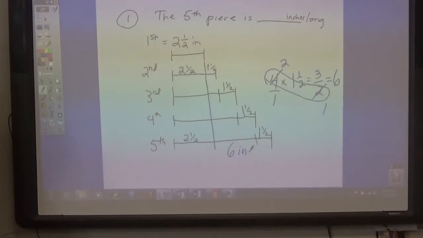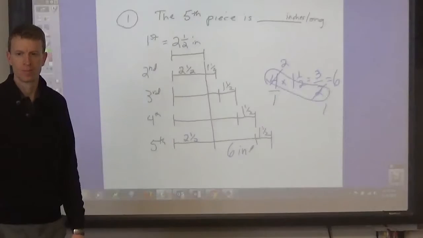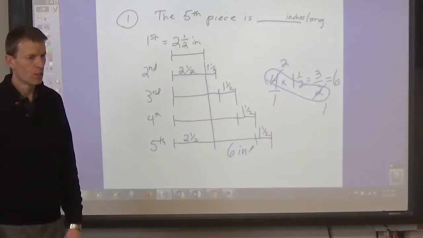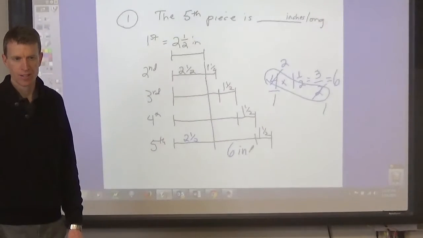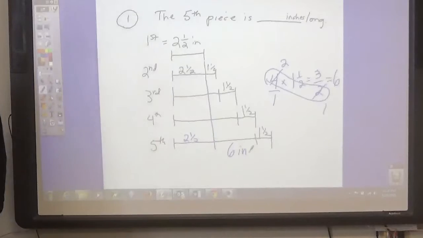Sometimes you have to find the remaining amount. And so what would you do if you're finding the remaining amount? Would you use addition or subtraction? Find the remaining amount. Subtraction then. Yep.